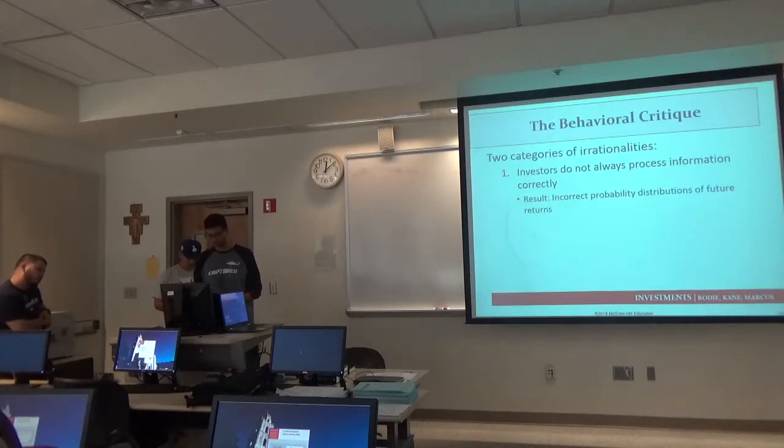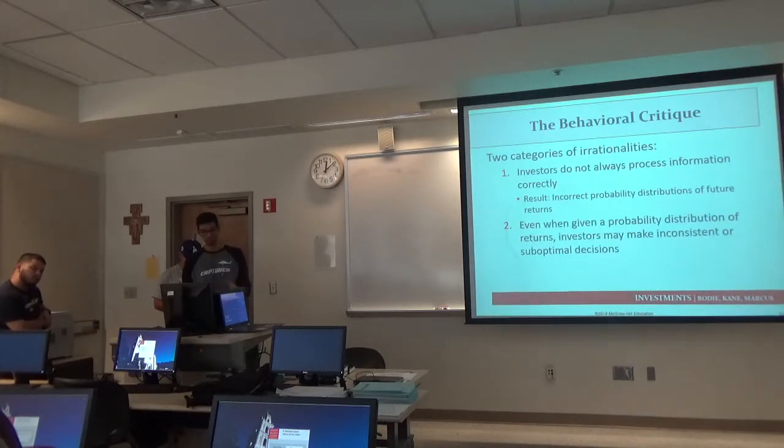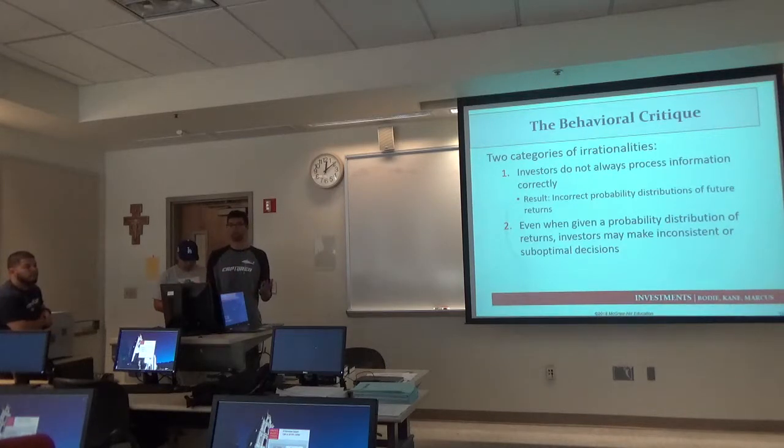Now, there are multiple types of irrationalities. The first one is what I see as the most common: investors don't really process information correctly. They'll see a 2, but they think it's a 4, stuff like that. This can mean that during their analysis, probability distributions are incorrect. This is extremely common: an investor doesn't normalize their distribution.